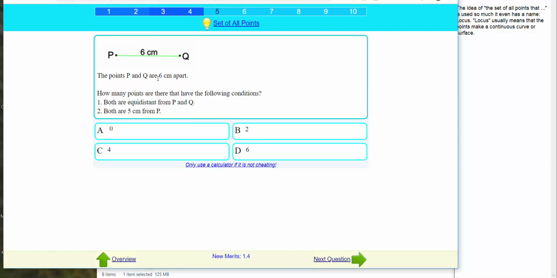The points P and Q are 6 centimeters apart. How many points are there that have the following conditions? Both are equidistant from P and Q, and both are 5 centimeters from P. So in this case, P and Q, one would be here and one would be here.